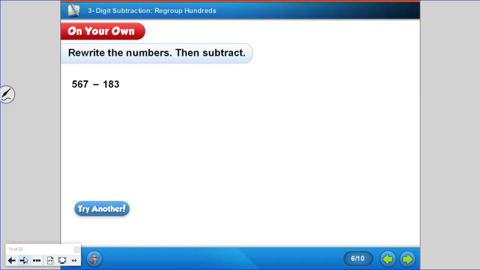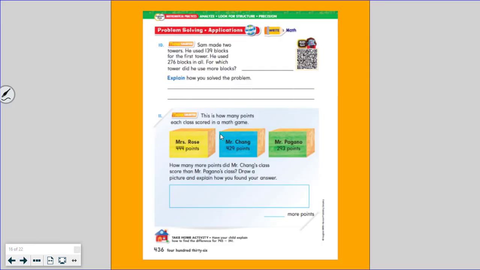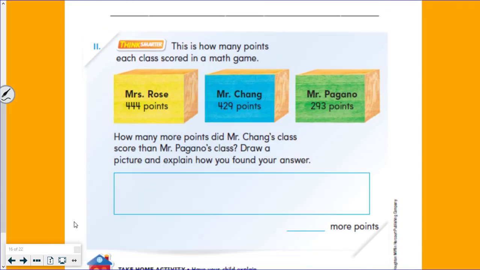Next thing we need to do is number 11 on page 436. Make it bigger. All right, so it says this is how many points each class scored in a math game. Mrs. Rose's class scored 444 points. Mr. Chang's class scored 429 points. Mr. Pagano's class scored 293 points. So it says how many more points did Mr. Chang's class score than Mr. Pagano's class?